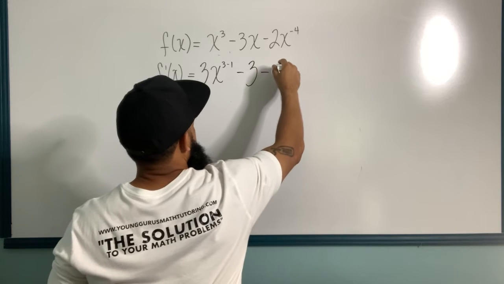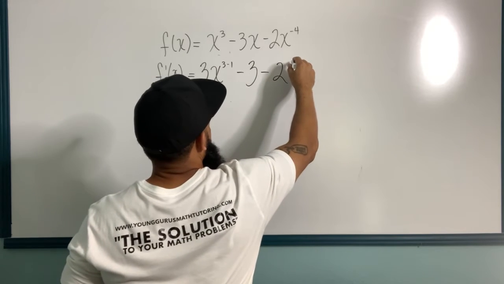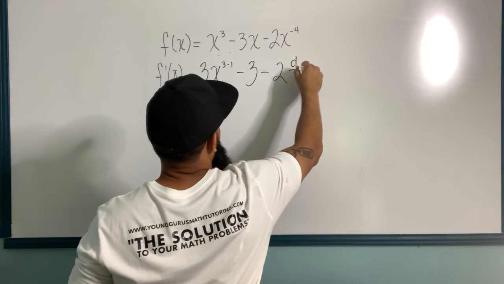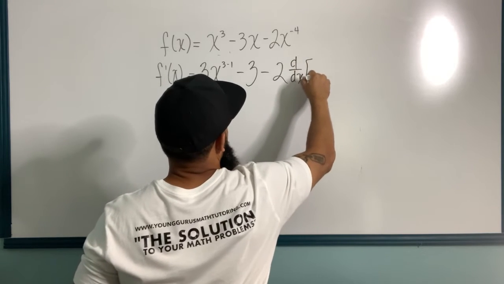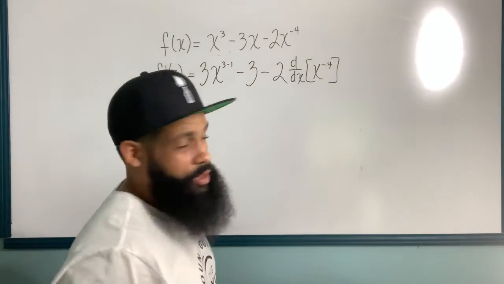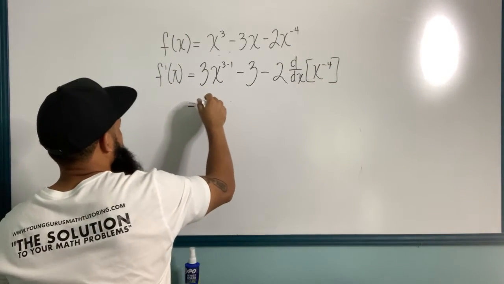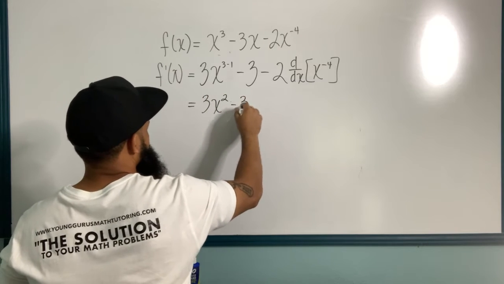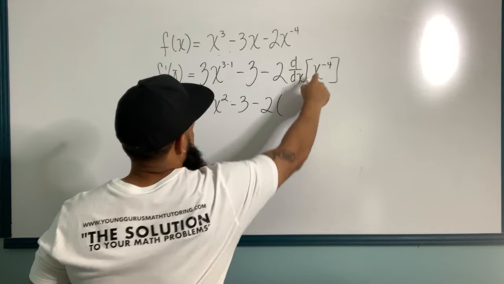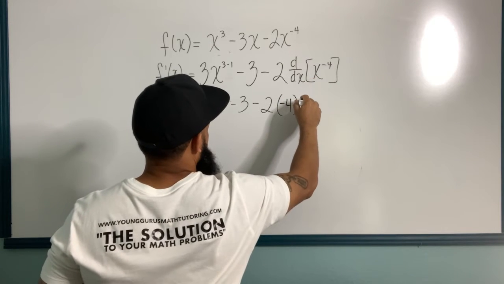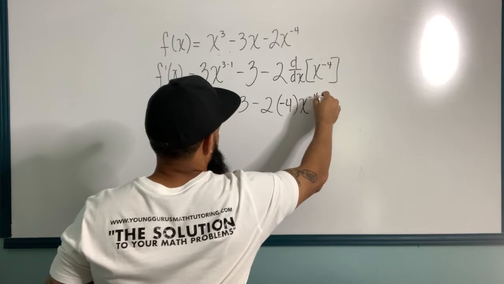Minus 2 times the derivative of x to the negative 4 power. I'll break that down for a second. So 3x squared minus 3 minus 2 times the derivative of x to the negative 4, which is negative 4x to the negative 4 minus 1 power.